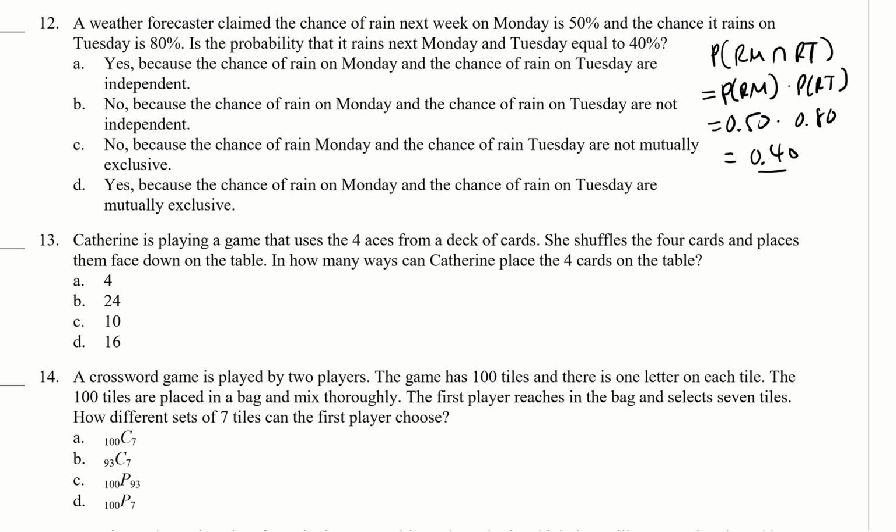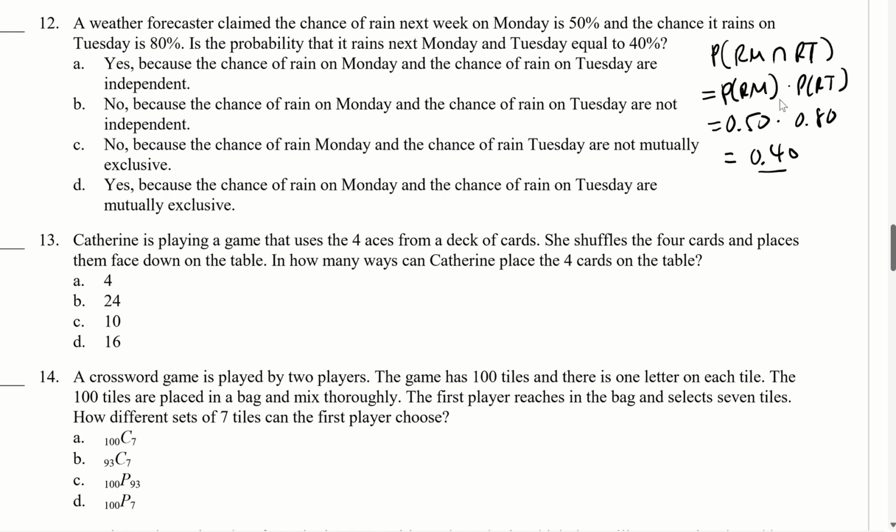And the answer is not really, because the chance of rain on Tuesday may depend on Monday. So if it rains on Monday, it may actually reduce the chances of it raining on Tuesday. Or if it doesn't rain on Monday, then it might increase the chances of raining on Tuesday, right?